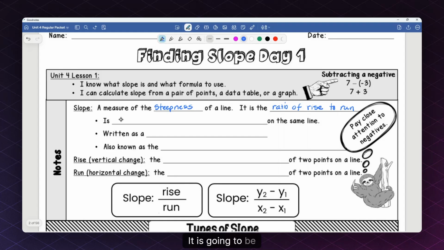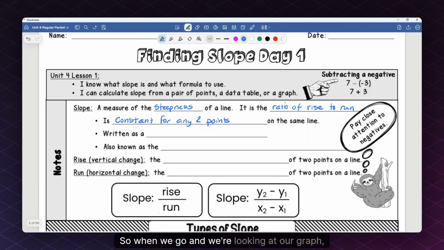Let's write down some more information about that. It is going to be constant for any 2 points on the same line. When we're looking at our graph, we can pick any 2 points and we should get the same slope if we have solved it correctly.